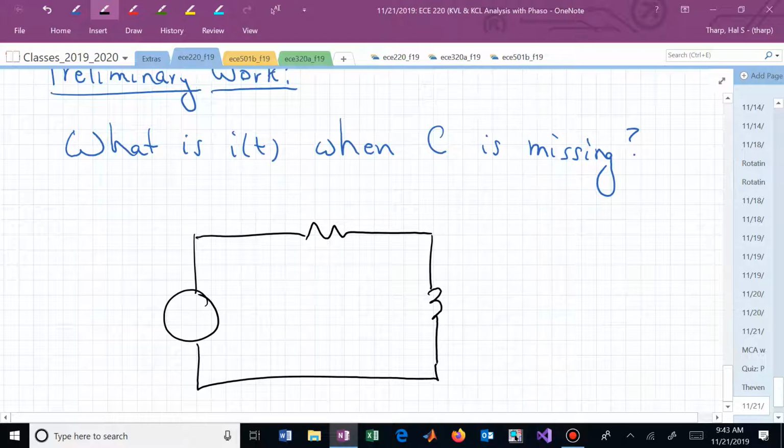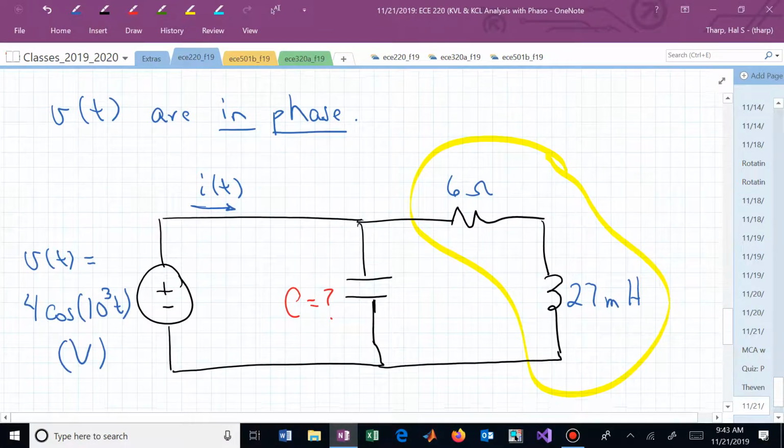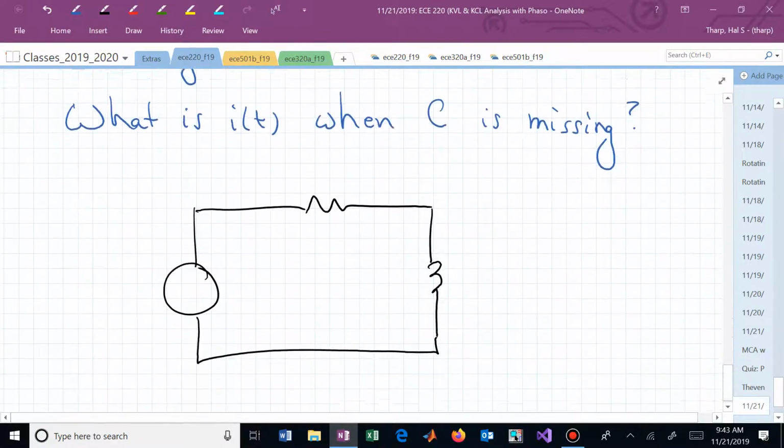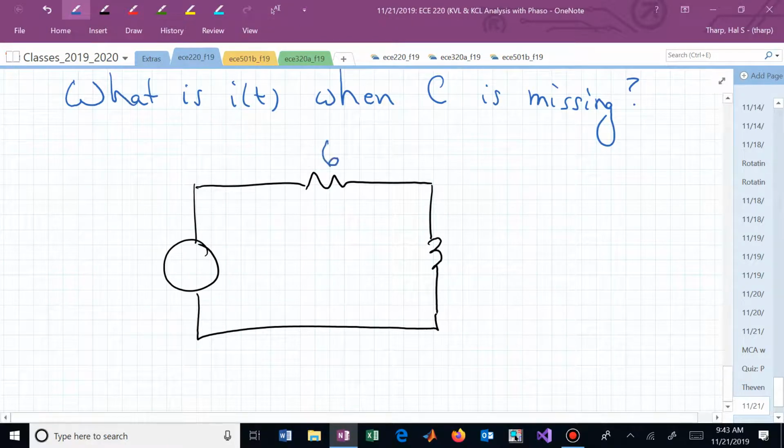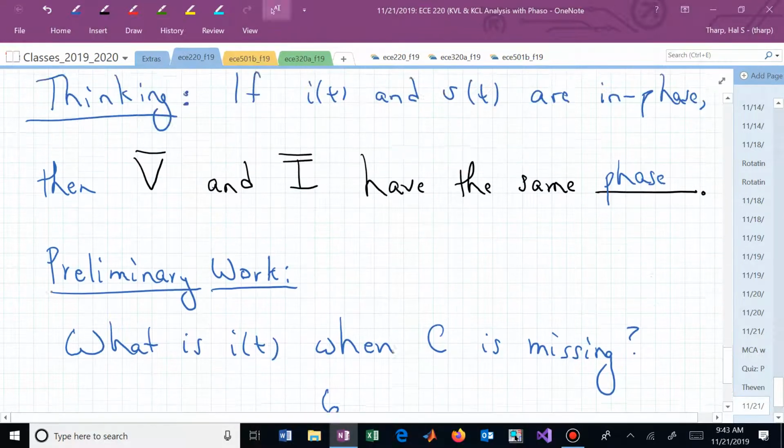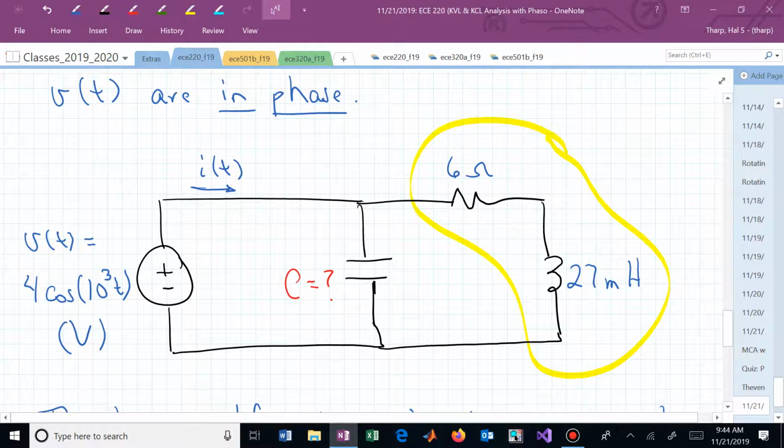What's the R come in as? What's its value? If we're now in the frequency domain, we don't change the resistor. Its impedance comes in as R, as 6. What's the impedance of the inductor?